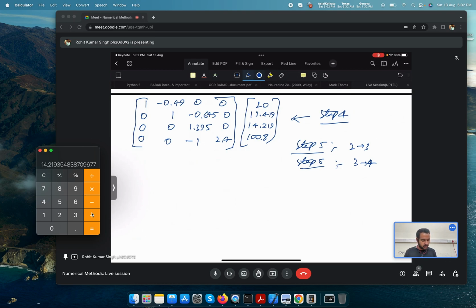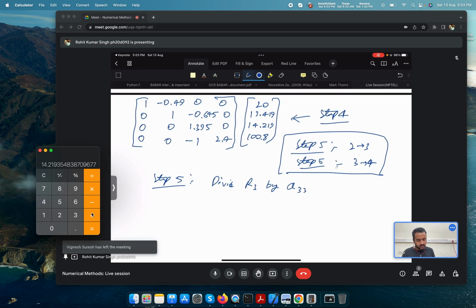Okay, so we just have these last 2 steps to do. I think we have 10 minutes more, because I started late, so let's do it. First, step 5: I have to divide R3 by 833, this value.